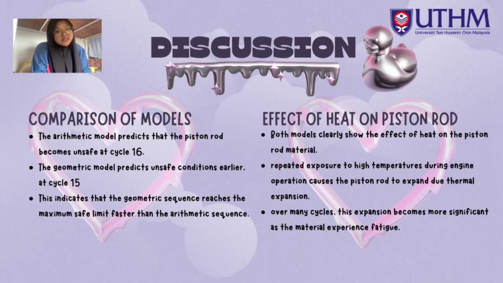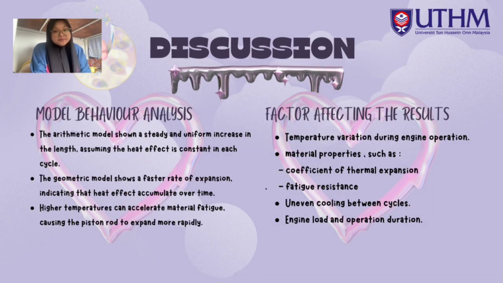On the other hand, the geometric model shows a faster rate of expansion. This indicates the heat effect accumulates over time. When the temperature is higher, material fatigue can occur, causing the piston rod to expand more rapidly.